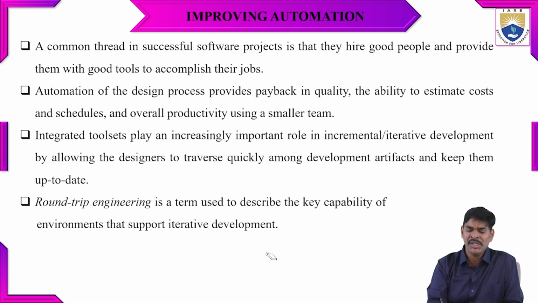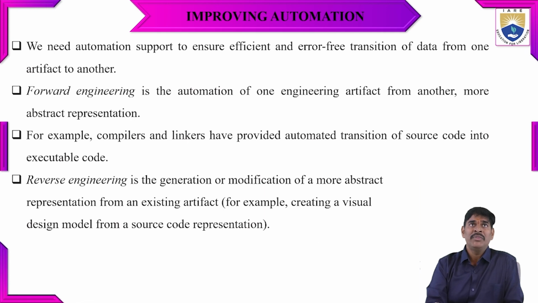It means it is a combination of forward and reverse engineering. Okay, so there we can have the automation support, a more efficient and error-free transition. So when you are using the automation, it will produce very efficiently and effectively, minimizing the errors when transitioning from one artifact to another artifact.